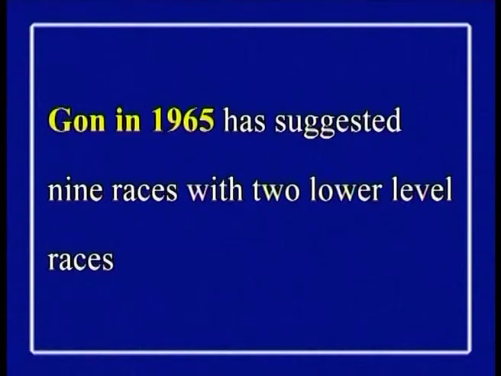Gone in 1965 has suggested 9 races with 2 lower level races. So there is no compromise between the number of races. Different people think there are different number of races. And in recent times, people have thought that the number of races are about 9 plus 2 lower level races.